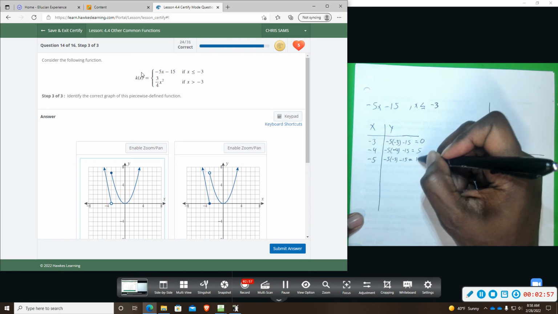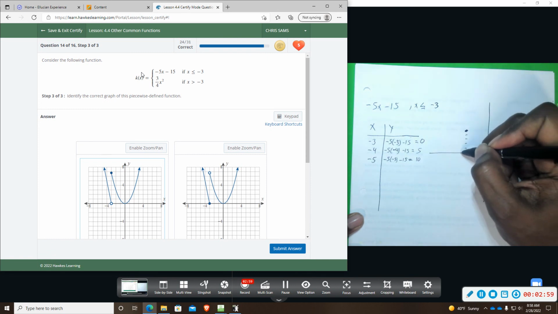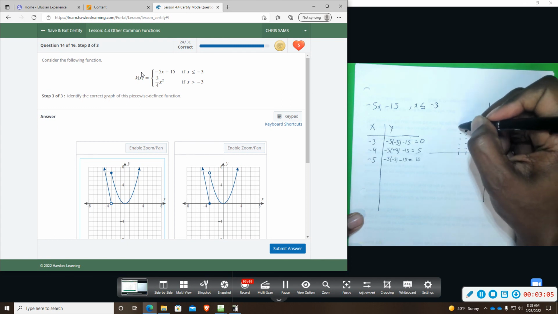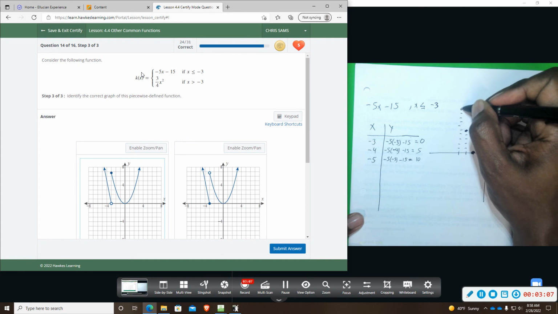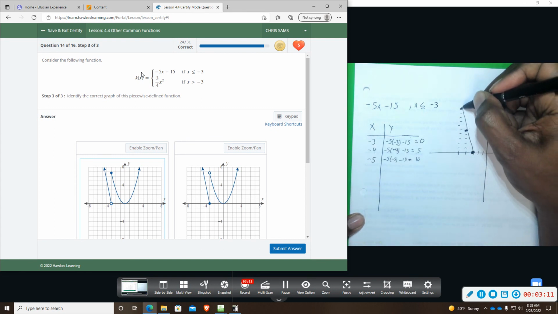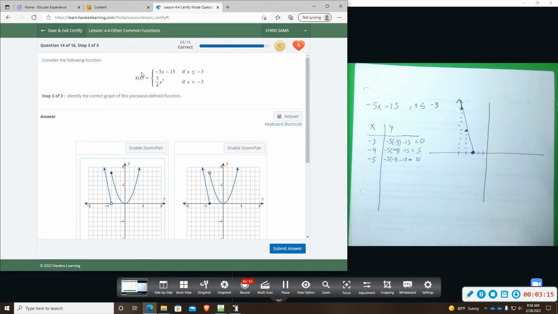That will give you 10. So this line is going this way, going up back that way.